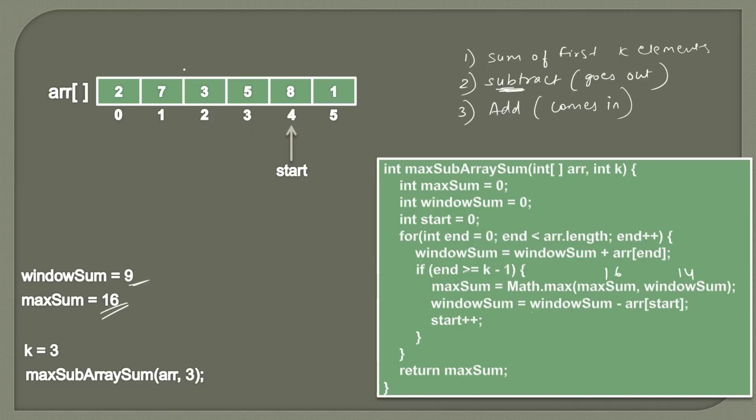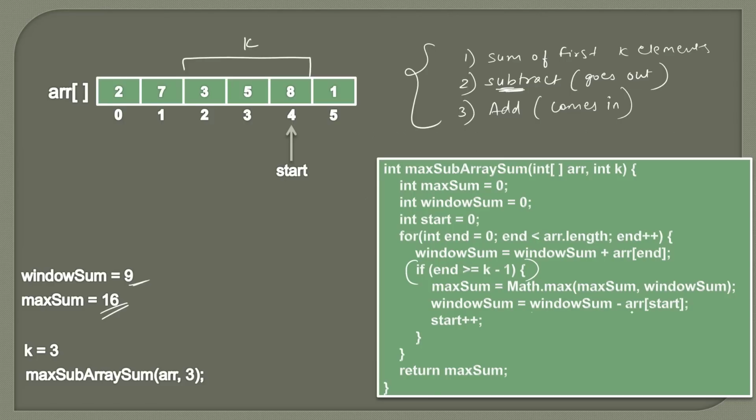This came from the subarray of size k: 3 plus 5 is 8, 8 plus 8 is 16. So friends, you can see we used only one for loop and evaluated the maximum sum of a subarray of size k. We need to keep these steps in mind: at the start we do the sum of the first k elements, and then based on this condition we do the rest of the steps, where one element goes out of the window and one element comes into the window.